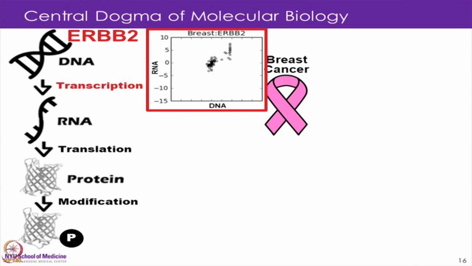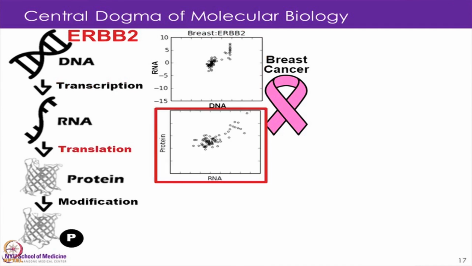And we see that it's correlated with transcript levels. So if we have more copies of the gene, we have more RNA, a nice correlation there. If we go down and look at the translation, we see that RNA is also correlated with the protein. When we have many transcripts, we also have more protein.